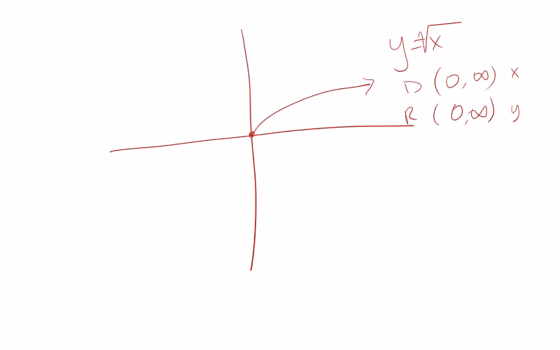Okay, so then if I shift this function and I have y equals the square root of x minus 3 plus 2. Okay, so minus 3 is going to be 1, 2, 3, plus 2 is going to be right here. So now my domain is 3 to infinity, and my range is 2 to infinity.